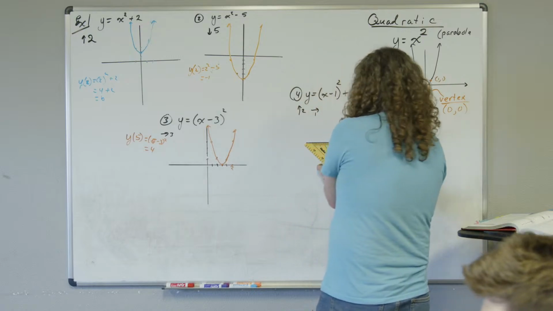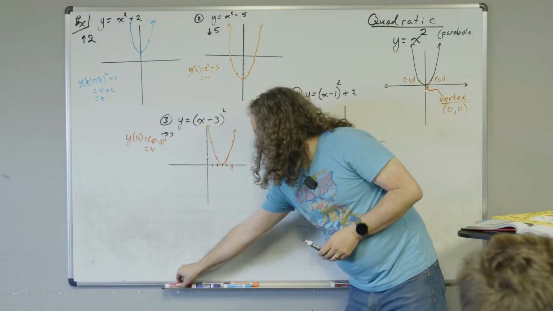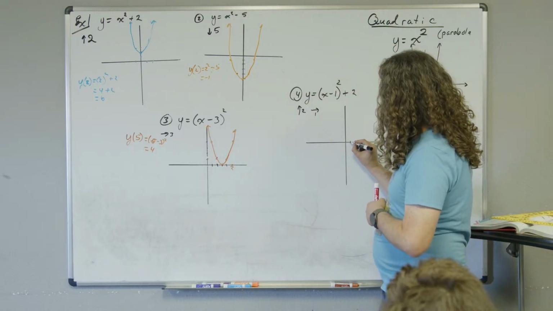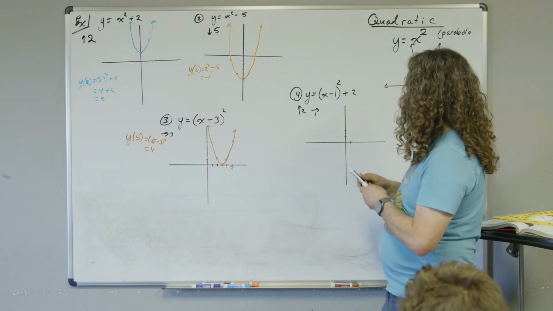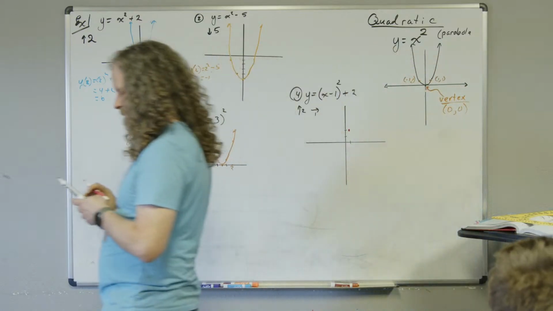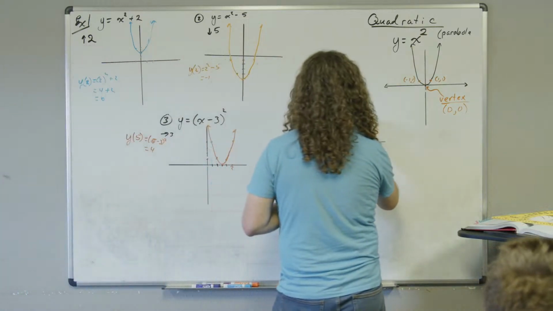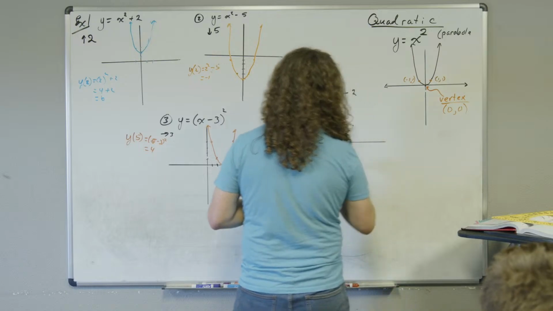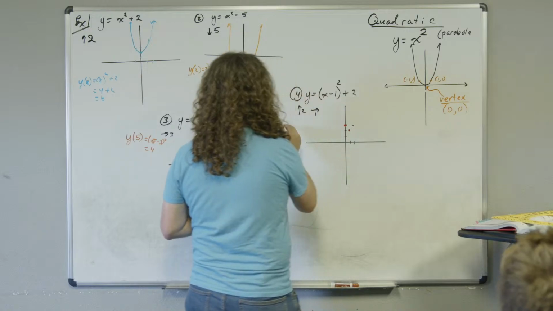Okay. So, the vertex is going to be right 1, up 2. So the vertex is going to be right there. Right? And then from there we count up 1 over 1 and up 1 back 1. Let's get one more point on there. So we've got the 2, so what are we gonna do?